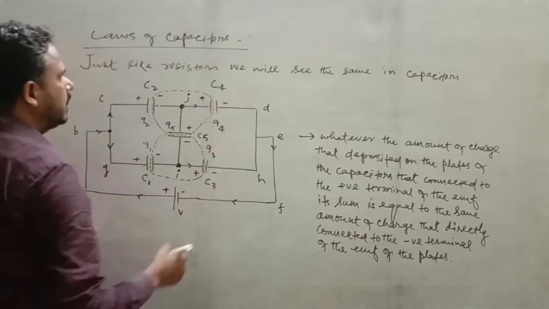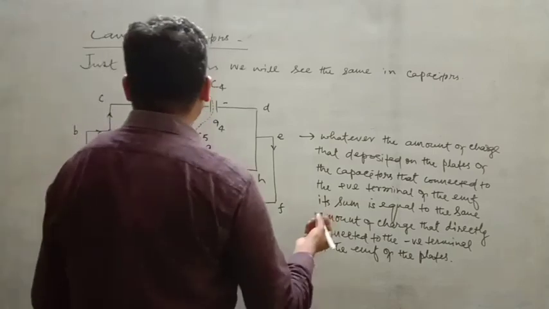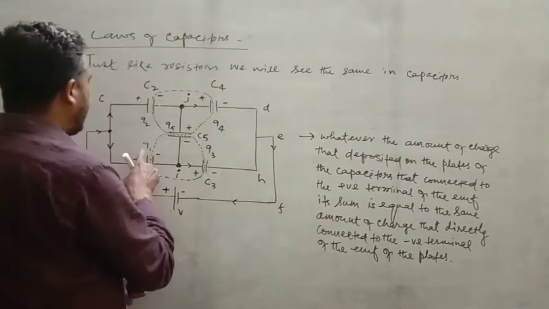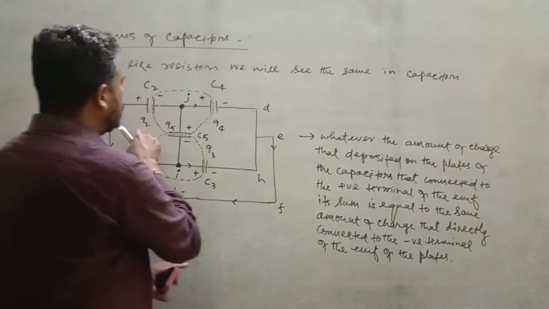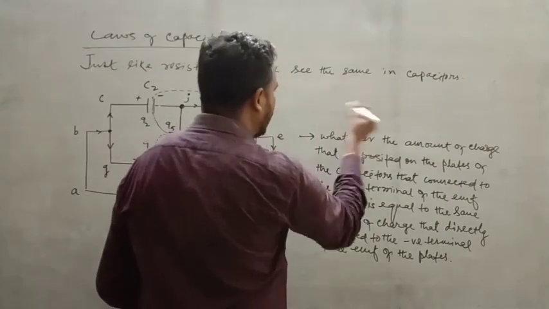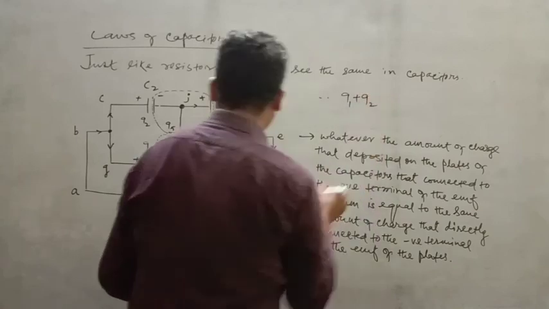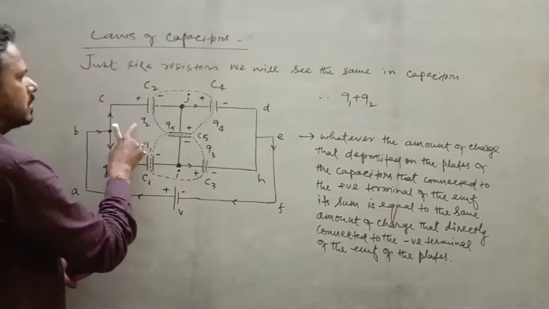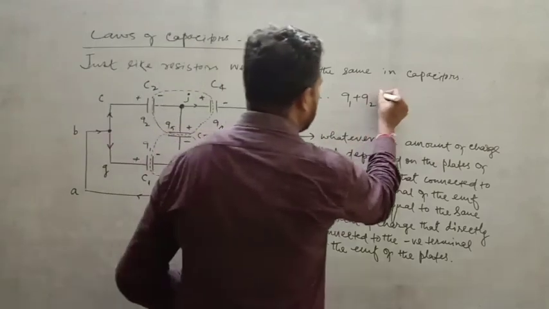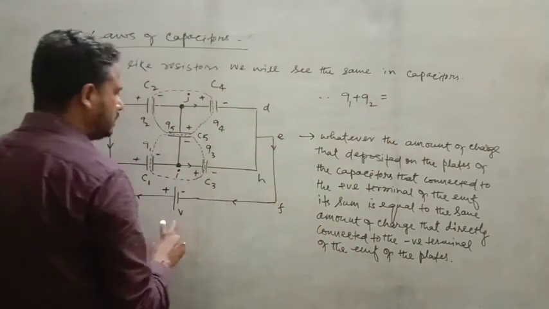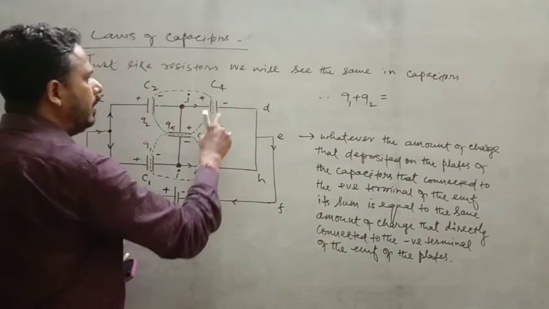That means Q1 plus Q2 is equal to Q3 plus Q4.